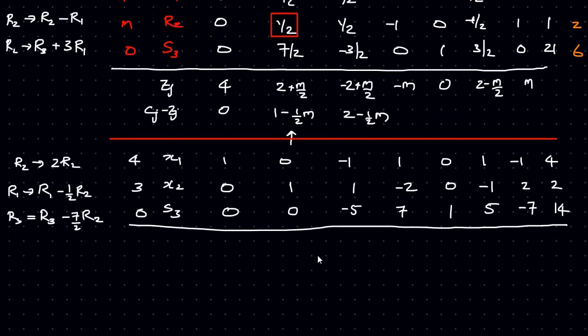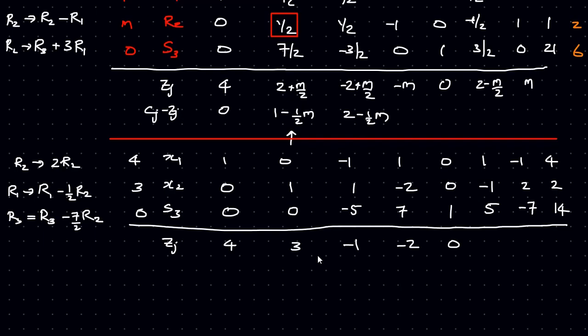And now we have to calculate zj again. In this case this will be 4, now this will be 3 over here, and then here we have minus 4 plus 3, so that will be minus 1, 4 minus 6, so that's minus 2, then 0 0 0, 4 minus 3, 1 plus 0.